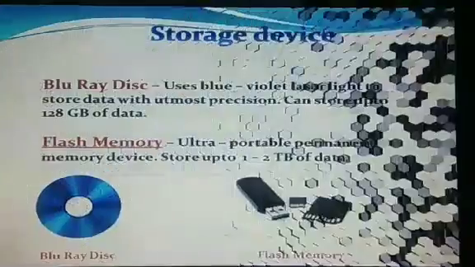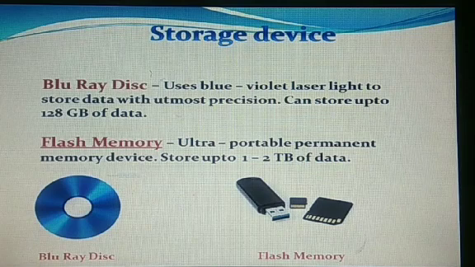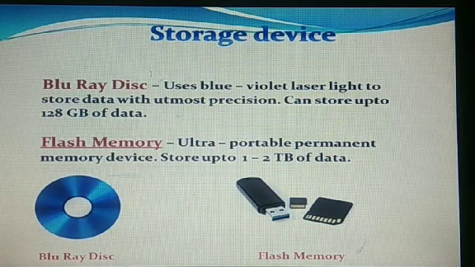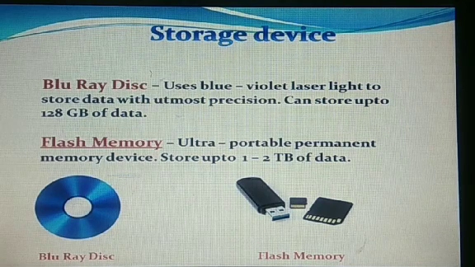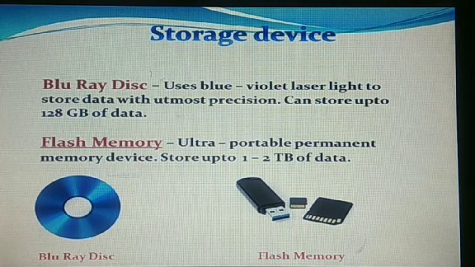And the last optical storage device is the Blu-ray disc. It uses blue-violet laser light to store data. Like CDs and DVDs use red laser light, it uses blue-violet laser light. It is more precise, as it has a shorter wavelength than the red laser light.